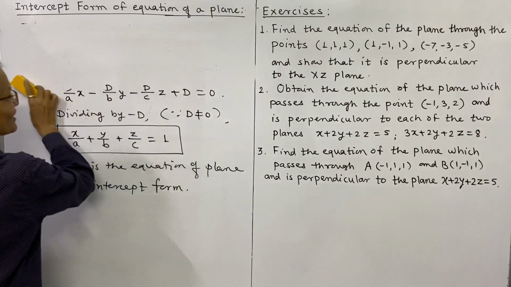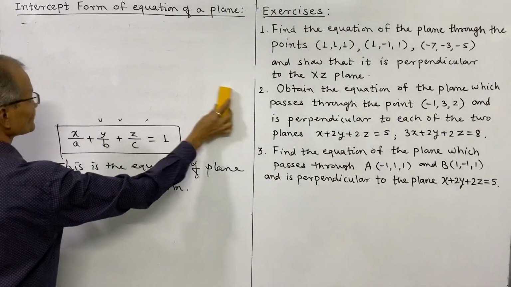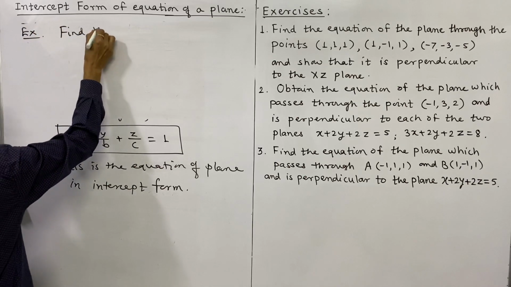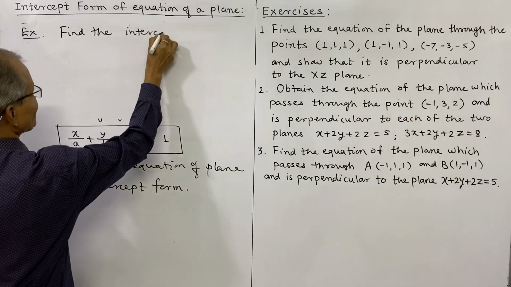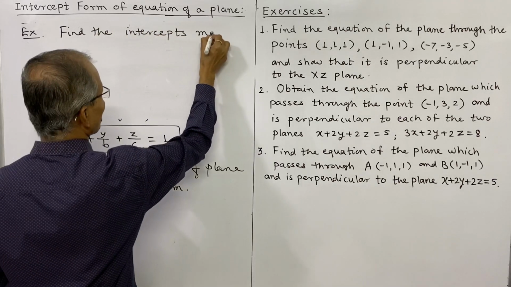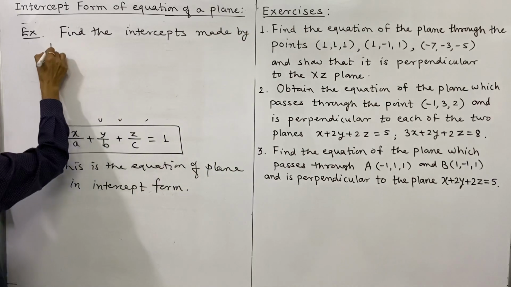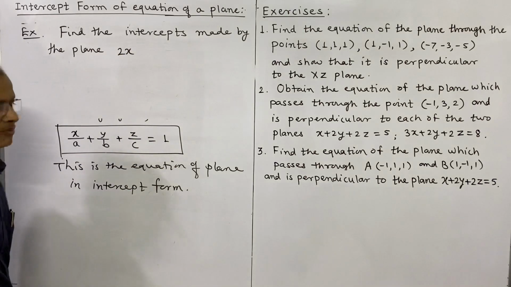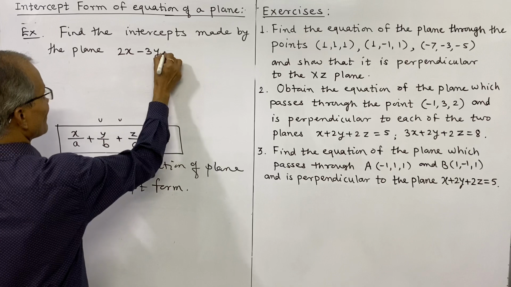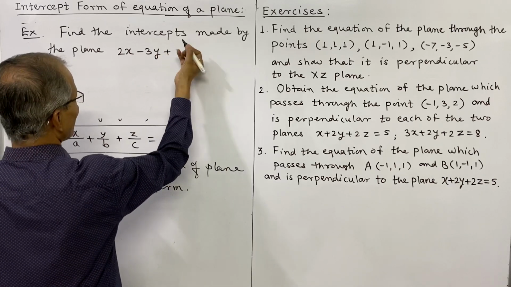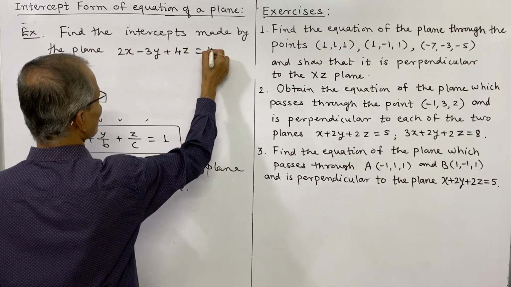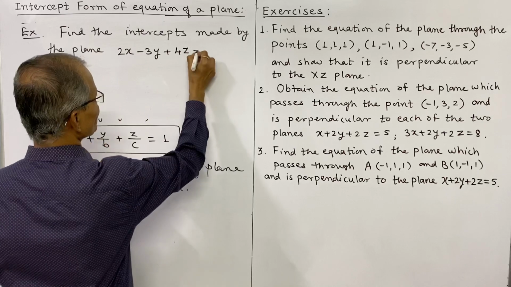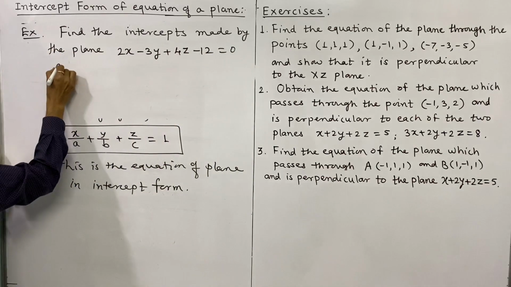Now we will consider a simple example. Find the intercepts made by the plane, say, of this form: 2x minus 3y plus 4z minus 12 is equal to 0, on the axes.